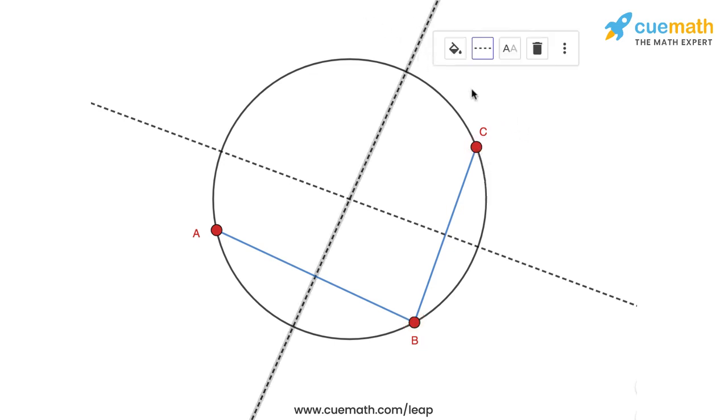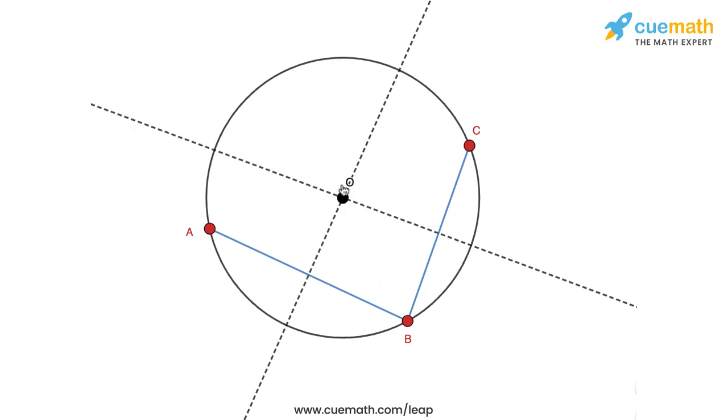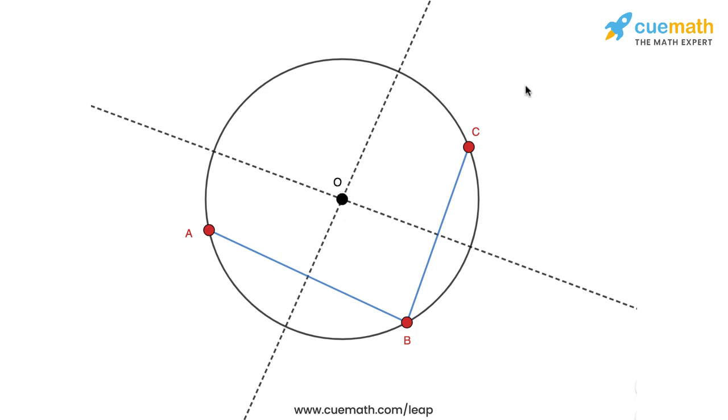It lies on the first perpendicular bisector and it also lies on the second perpendicular bisector, and this means that it must lie on their point of intersection, which is basically unique.